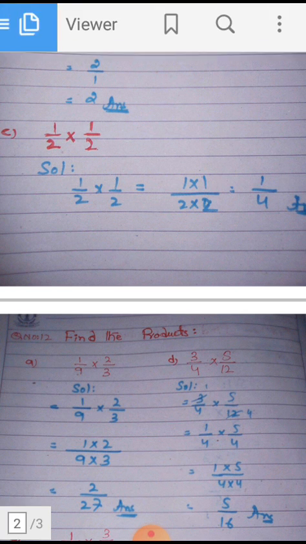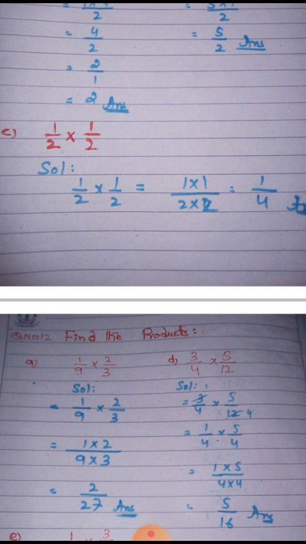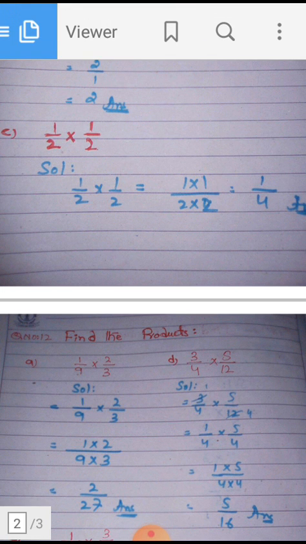And number D is in front of you, 3 upon 4 multiplied by 5 upon 12. For the solution, you write the same question as it is, 3 upon 4 multiplied by 5 upon 12. Then look at the question: the numerator of the first part and the denominator of the second part are interchangeable.